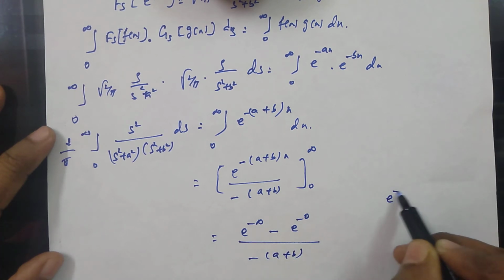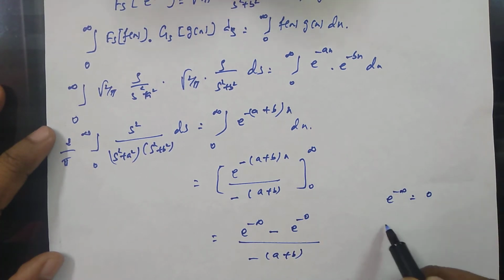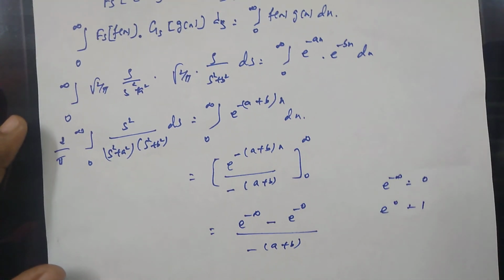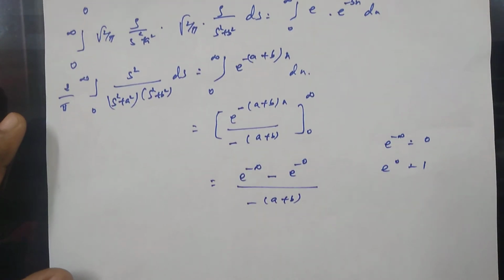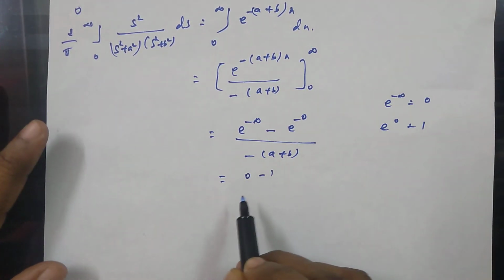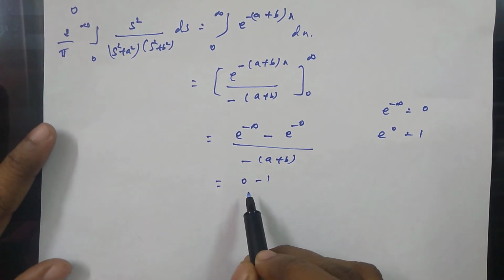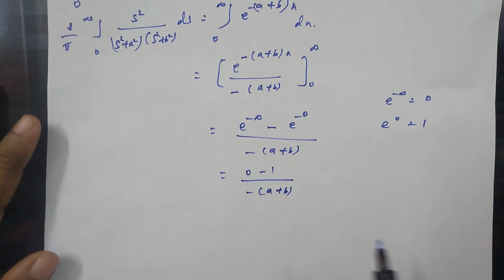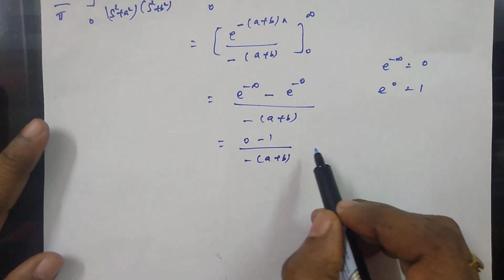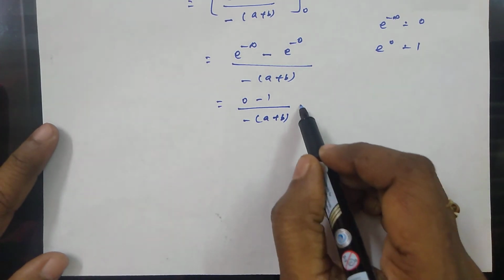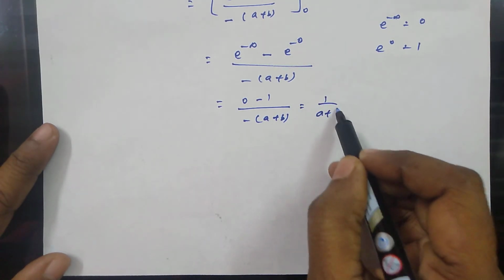We know e power minus infinity is 0 and e power 0 is 1. So, it is 0 minus 1 divided by minus (a plus b). The minus signs cancel off, which is equal to 1 by (a plus b).